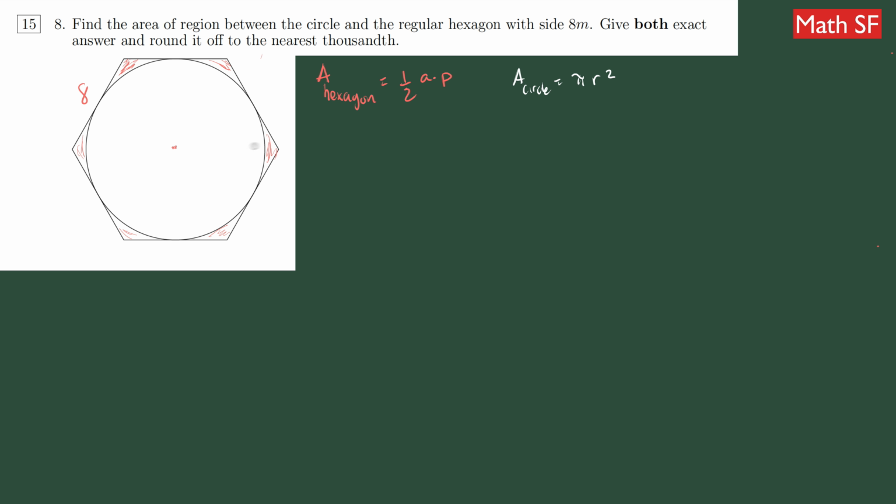So we need to know all of this here. Now, the apothem is the distance from here to here, as we did in the previous chapter. If it's a regular hexagon, I can have an equilateral triangle here. This should be the radius, from here to here. And here should be 60 degrees. It should be 60 degrees as well.